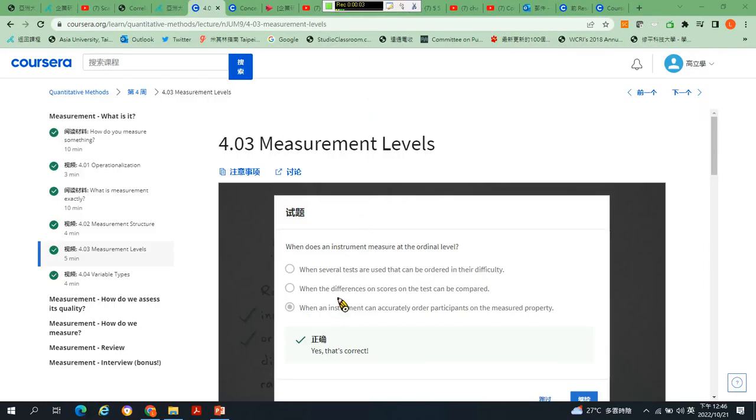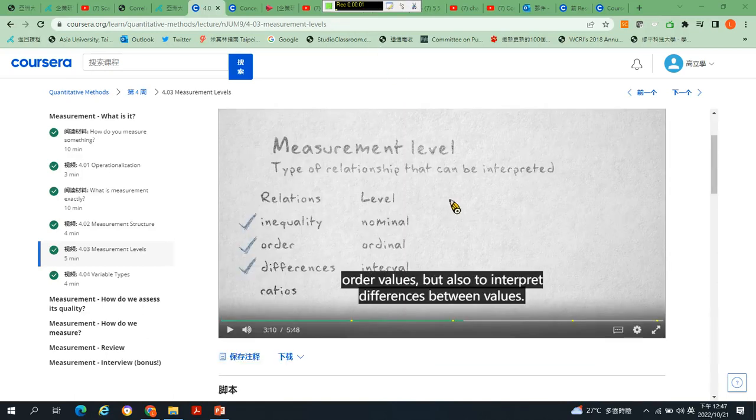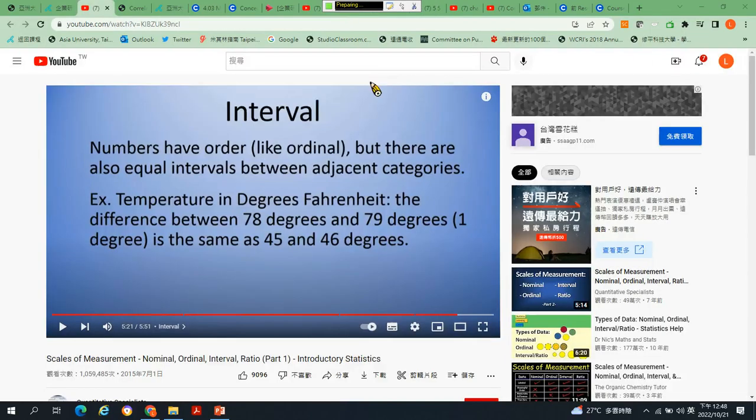How about if the differences in scores can be compared? For this situation, we go to the third type of measurement level called interval. For the interval level, we can interpret differences between values. For the interval variable, temperature is an example.